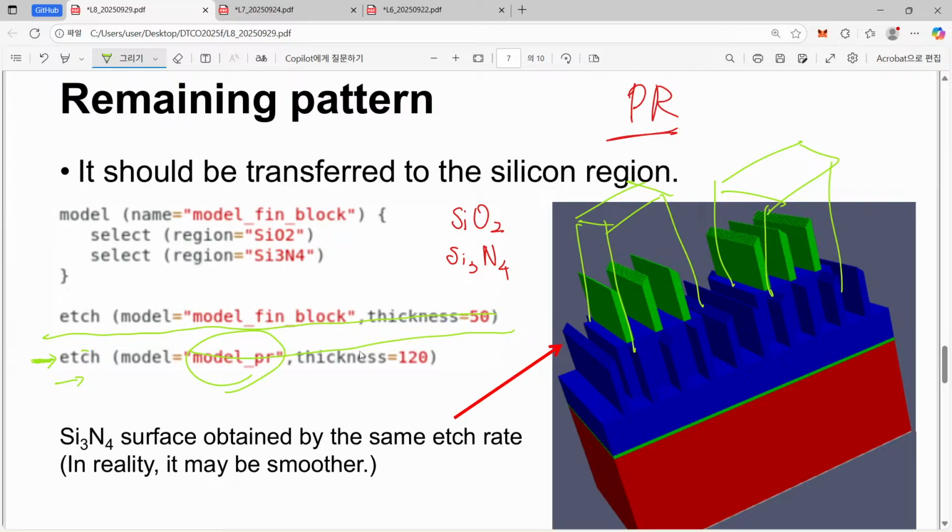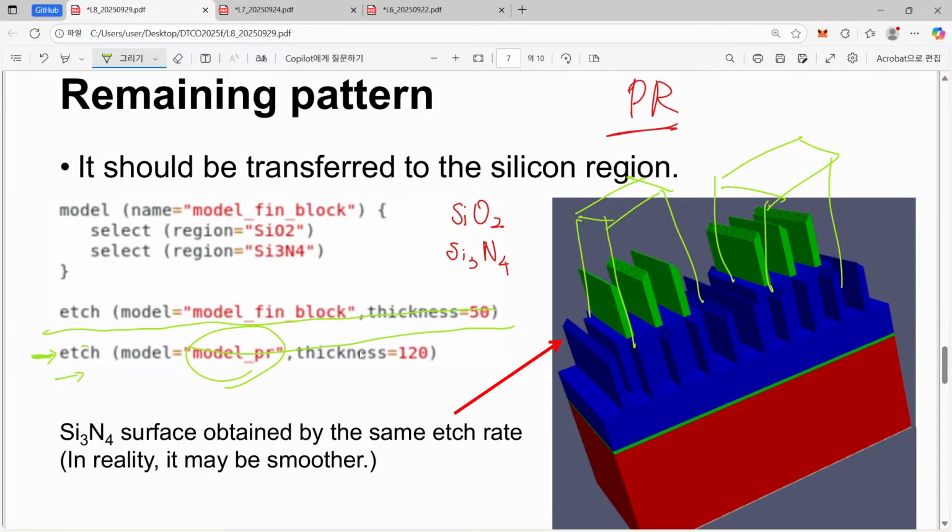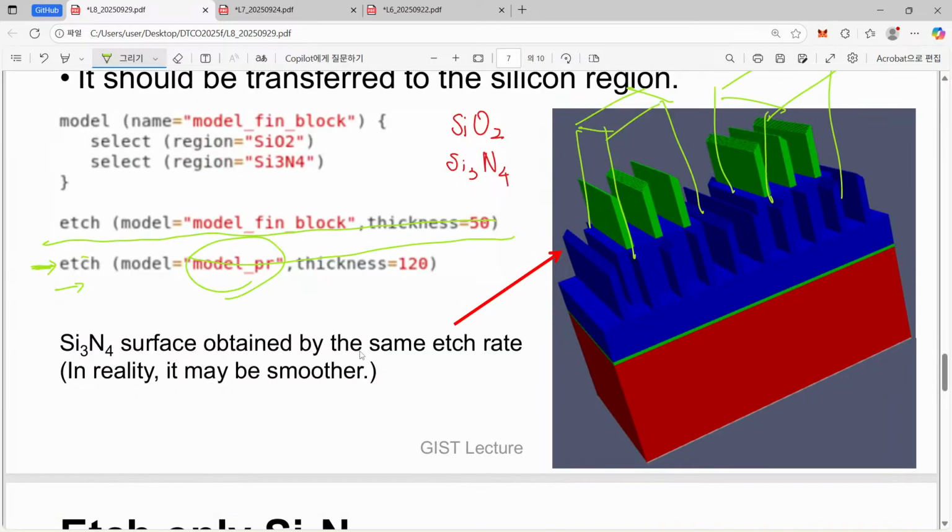So now you understand, although we have a very unrealistic groove in our silicon nitride hard mask, in reality the groove is not that much, and anyway we have a certain surface of hard mask, and on top of it we have a well defined, uniformly defined remaining pattern that is the seed for our fin patterning.